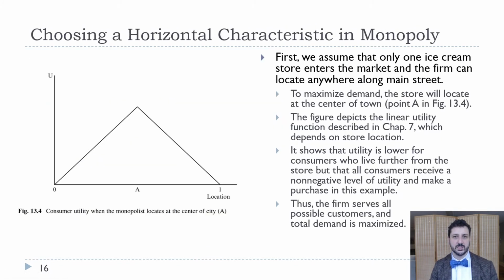So for a monopoly, right, if there's just one store, then they're going to want to be right in the middle of town. So to maximize demand, they'll be right here at point A. And the amount of utility that people get will be just a linear function of how far away they are from the store, right?